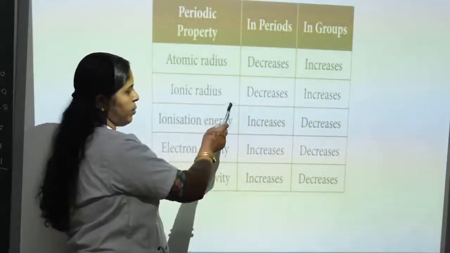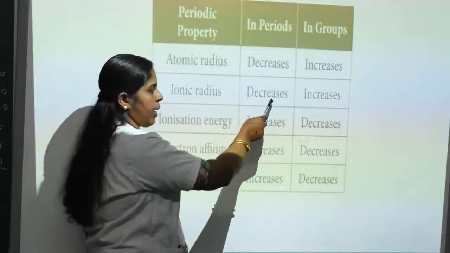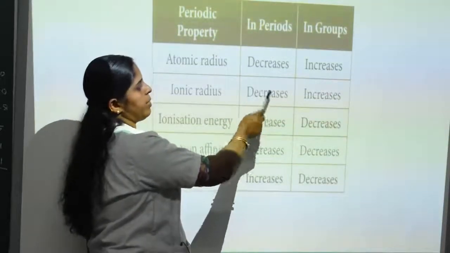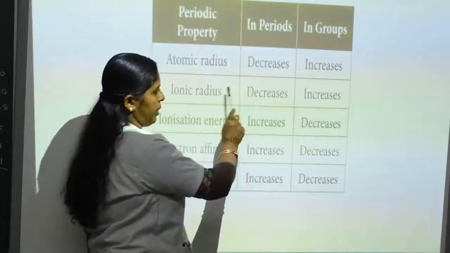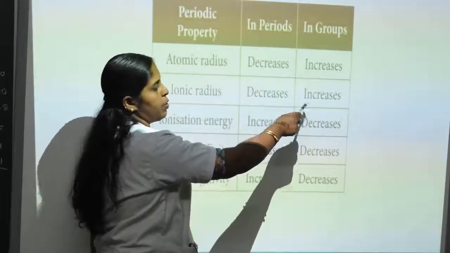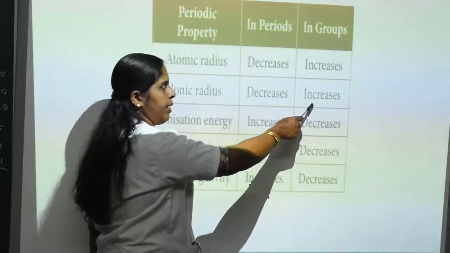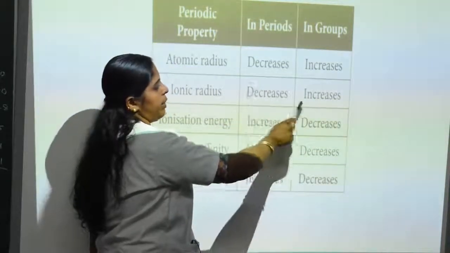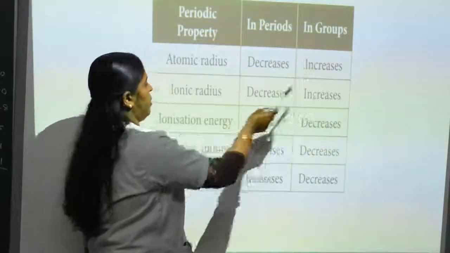Ionic radius also decreases for cations from left to right. From top to bottom, for anions valence shells are added, so the ionic radius increases in groups.